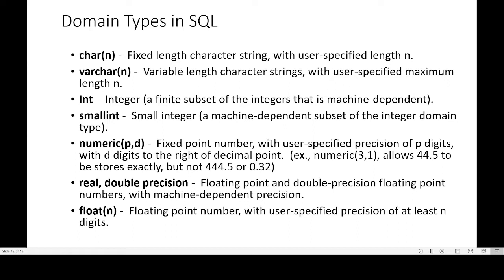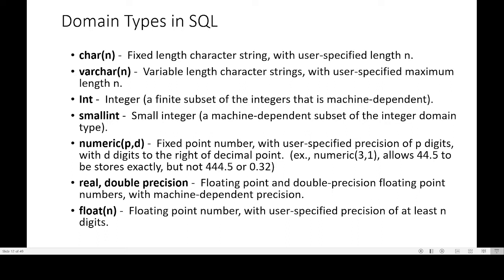For example, if you are writing numeric(3,1), that indicates that the total digits is 3 and 1 digit out of these 3 digits is to the right side of the decimal point. So we can write like 44.5, that means we have 3 digits here, 445, but the last digit is on the right side of that decimal point. So this is how we can define numeric(p, d).